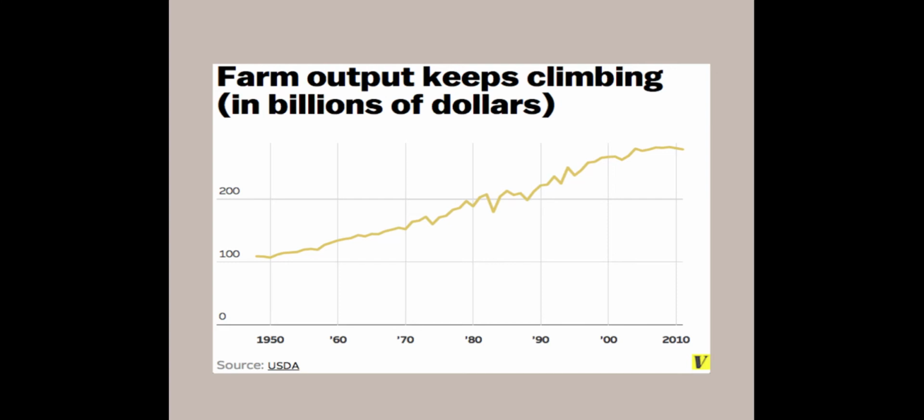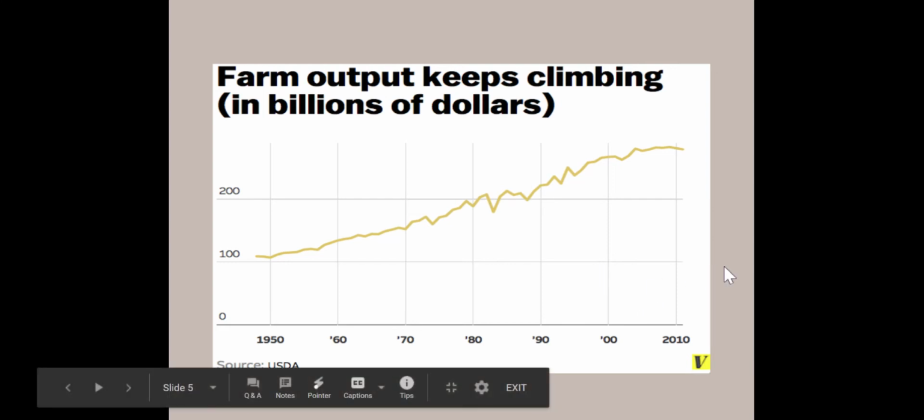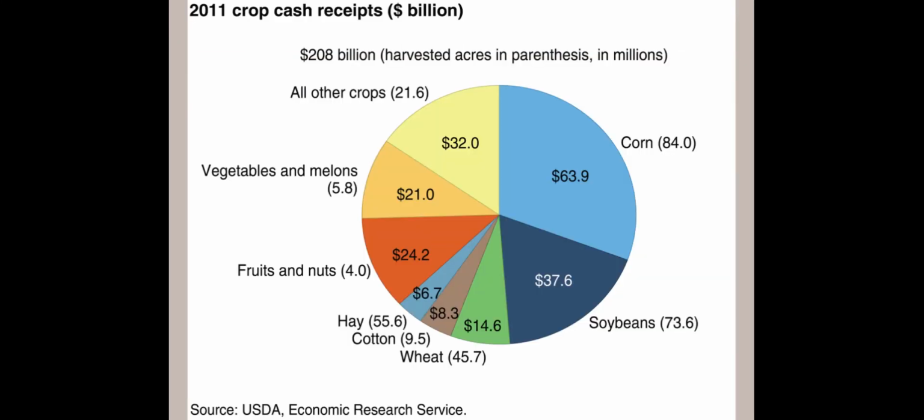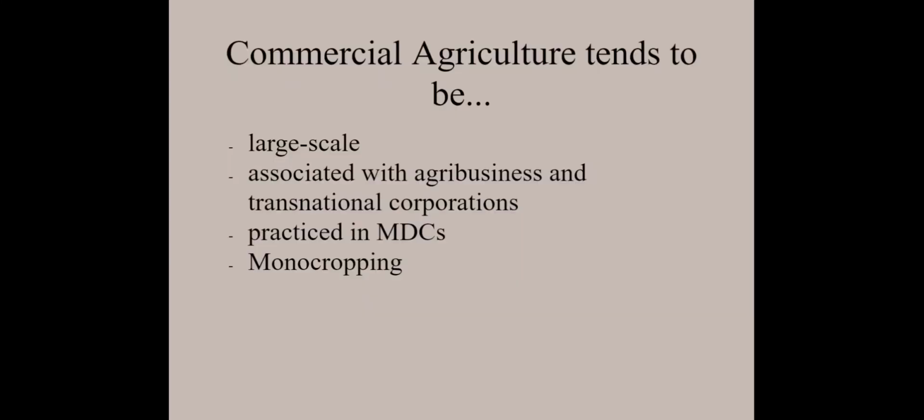And as that has happened, the farm output or the economic gain has kept going up and up and up. So essentially, we see commercial agriculture at a larger scale with more economic gain. And you can see the cash crops that we typically see within the United States: corn, soybeans, wheat, those things that we grow a lot of.